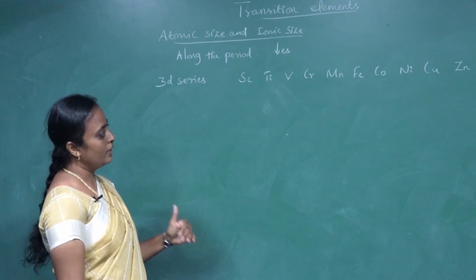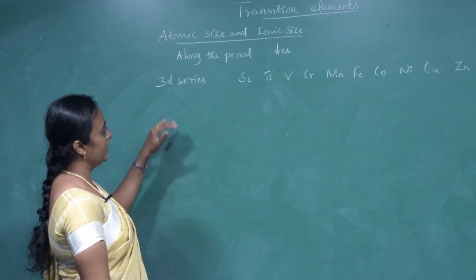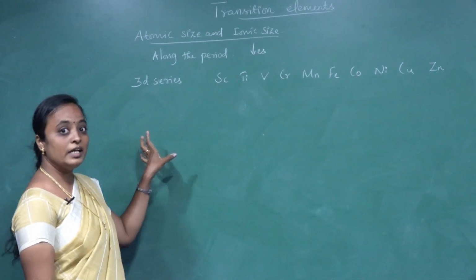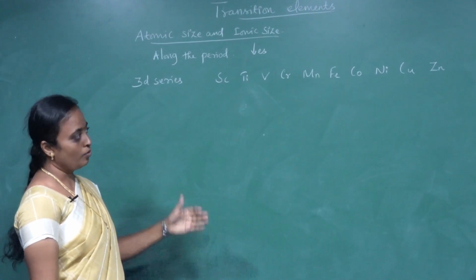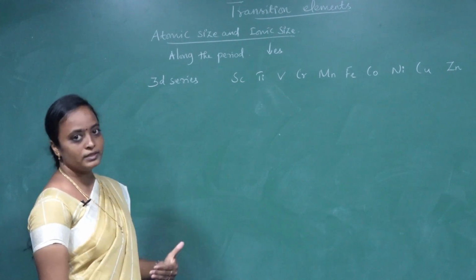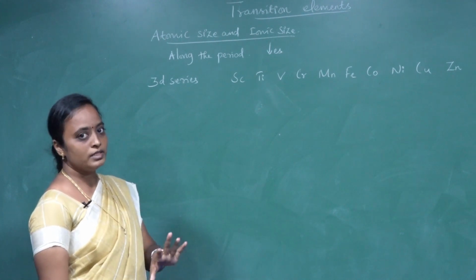But if you take the 3d series alone, the atomic radii is irregular. So I will give the atomic radii of the 3d transition series elements in picometers first, then we will discuss what happened.